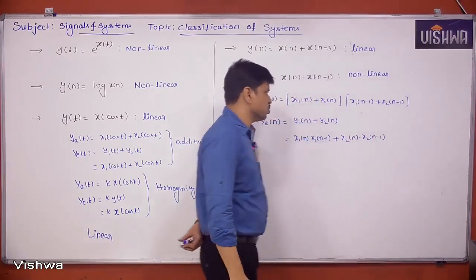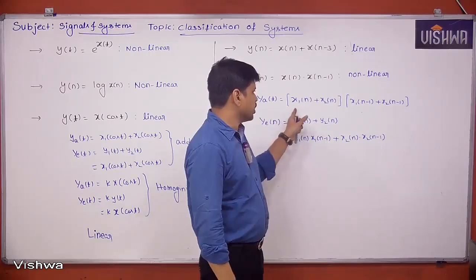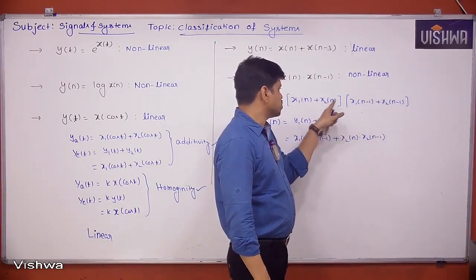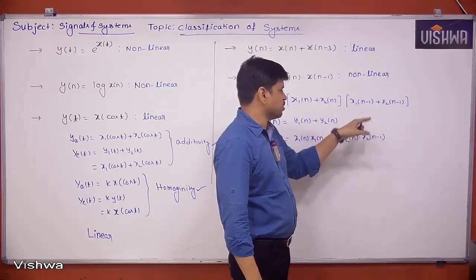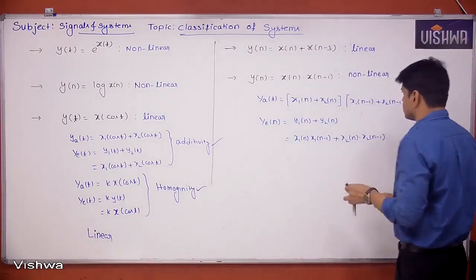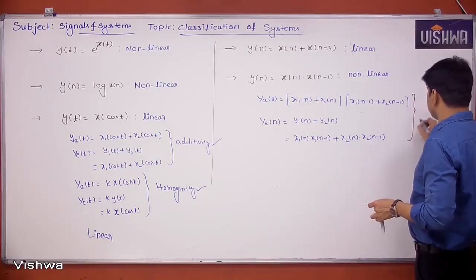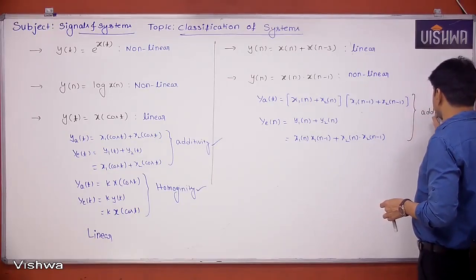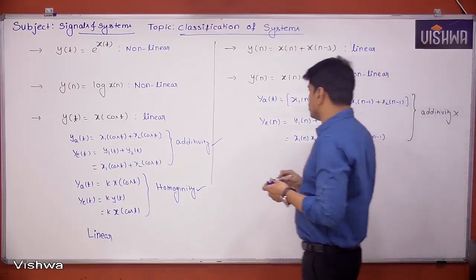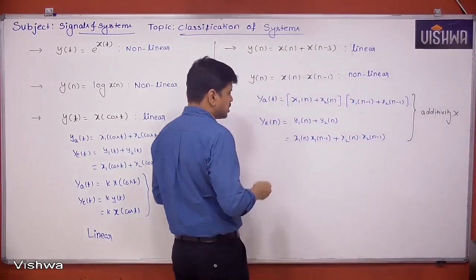Are they the same? No, definitely not. We have extra terms: x1 of n into x2 of n minus 1 and x2 of n into x1 of n minus 1. These two terms are extra for us. So I can say it does not satisfy additivity. Next, in the same way, it is not going to satisfy homogeneity also.